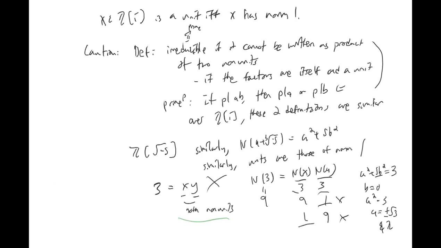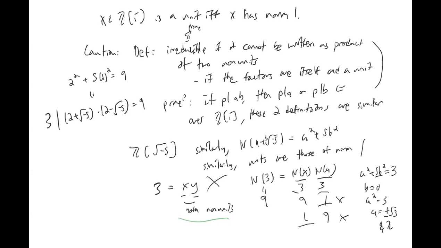But here's the thing. 3 divides 2 plus root negative 5 times 2 minus root negative 5, because this is 2 squared plus 5 times 1 squared, which is 9. Just do the foiling if you don't believe me. 3 divides 9.